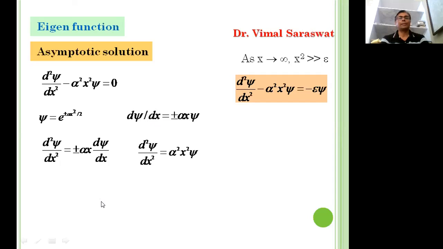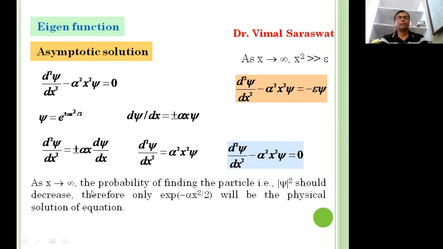Then d2 psi by dx2 equals alpha square x square psi, or d2 psi by dx2 minus alpha square x square psi equals 0. Since this equation and the earlier equation are the same, the solution is exponential plus minus alpha x square by 2.